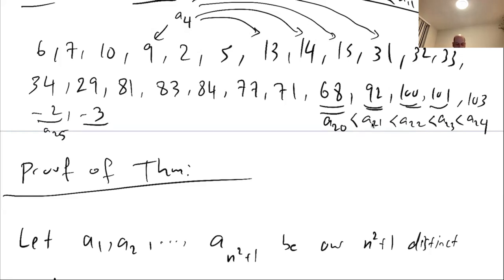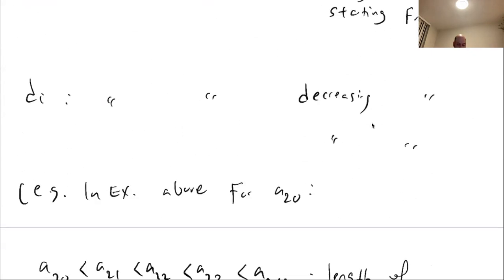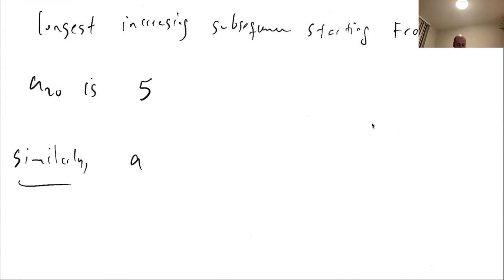And -3 also is less than -2. So I can say A20 is bigger than -2, which is A25, and -2 is bigger than -3, which is A26. So then I can say similarly A20 bigger than A25, bigger than A26. So that's it. This is the longest decreasing subsequence that I can have, starting from 68, which is A20.